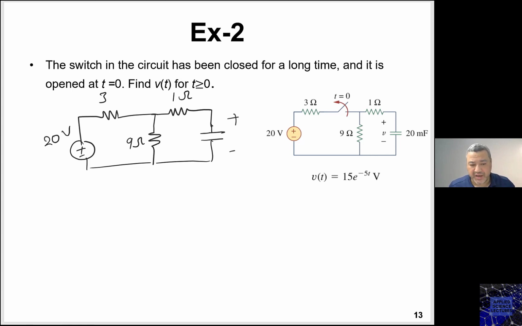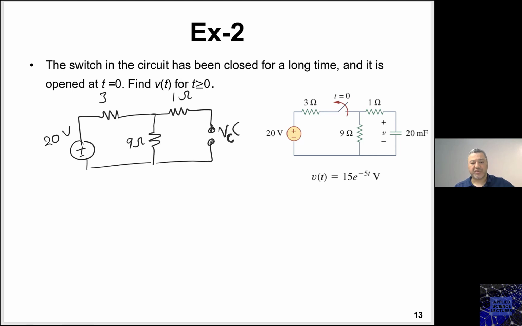But this does not mean that the voltage is zero, right? The capacitor is being treated as an open circuit. What does this mean? The voltage I will be calculating across this capacitor is going to be used as VC(0 minus).